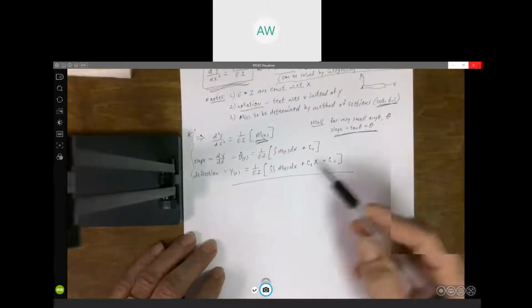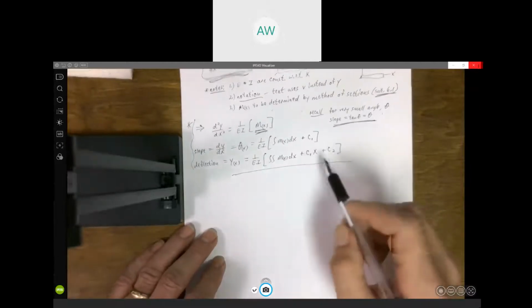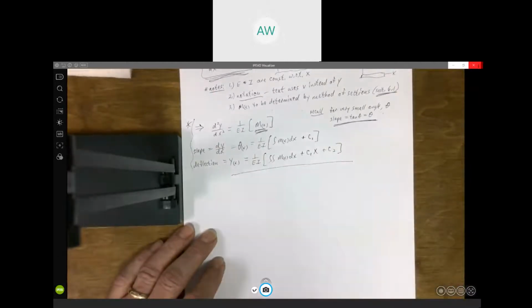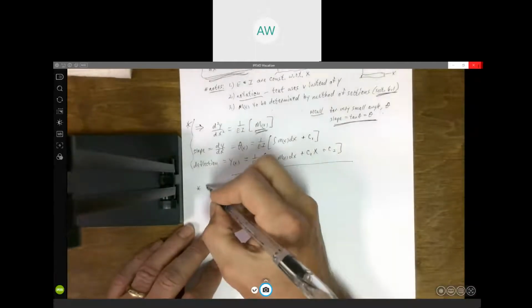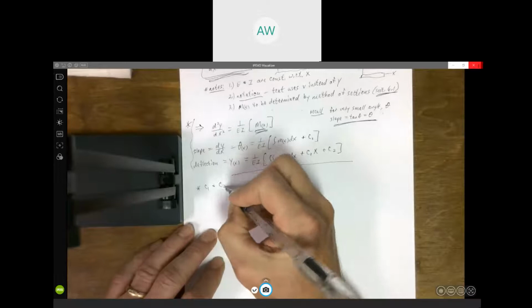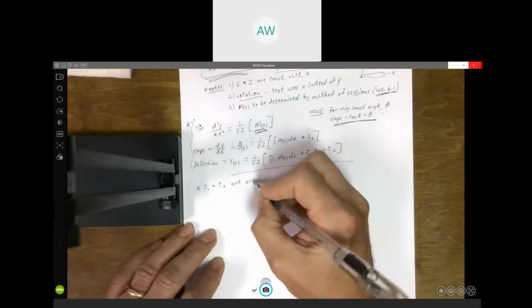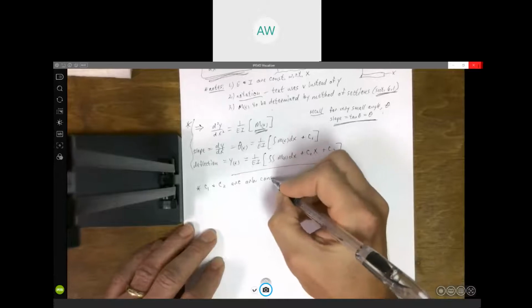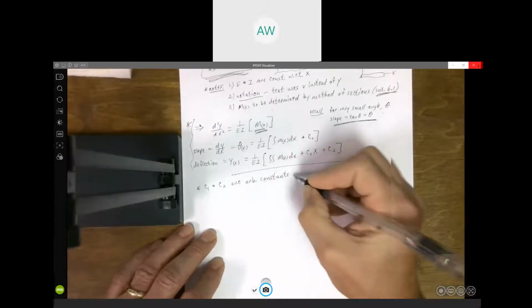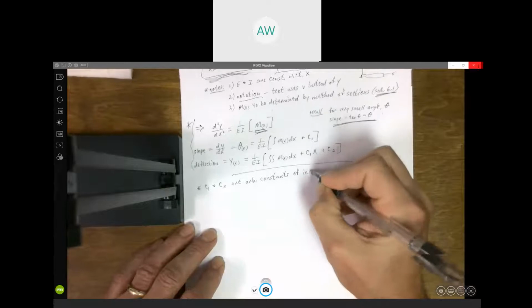All right, so let's talk a couple minutes about how we find these constants, and then we'll go through and work a problem. So again, C1 and C2 are just our arbitrary constants of integration.